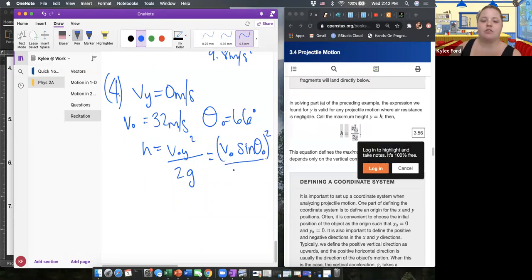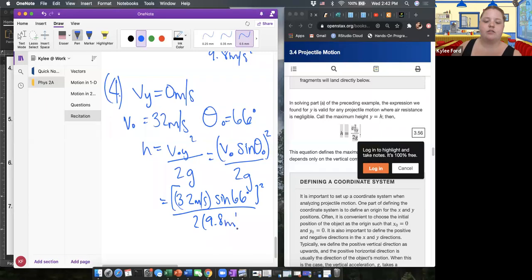So that's how I would solve this one. Let's plug in our numbers here and see what we get. G is 9.8. So 32 sine of 66, square that, divided by 2 times 9.8.